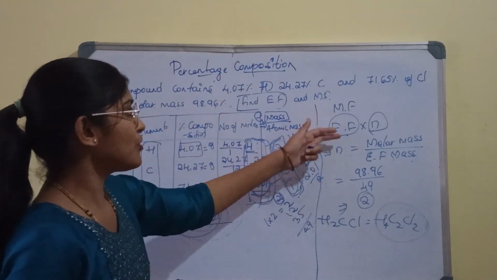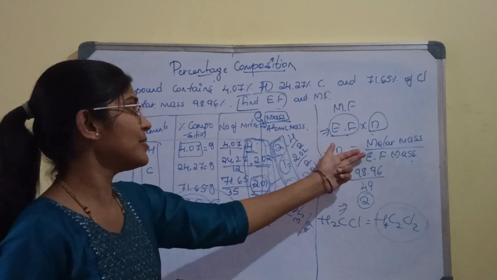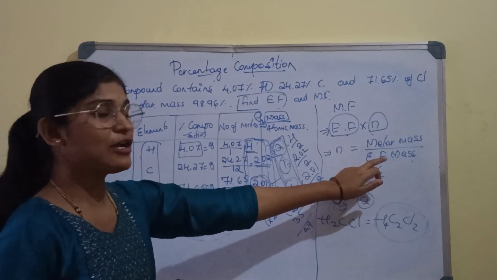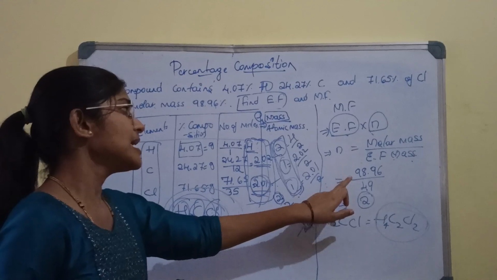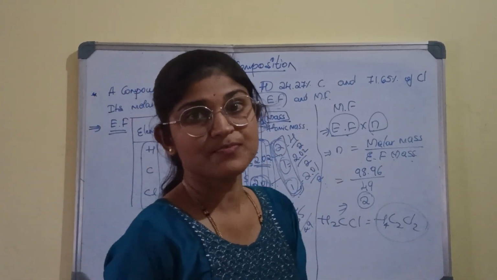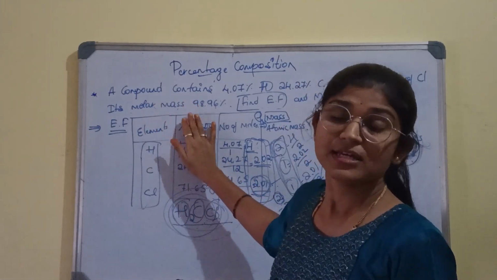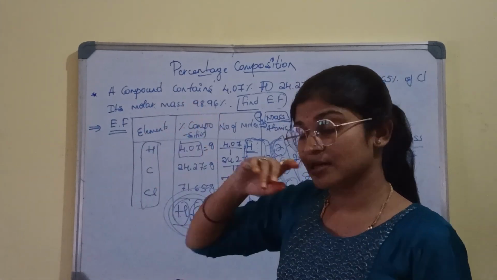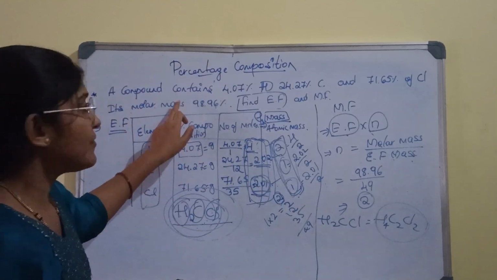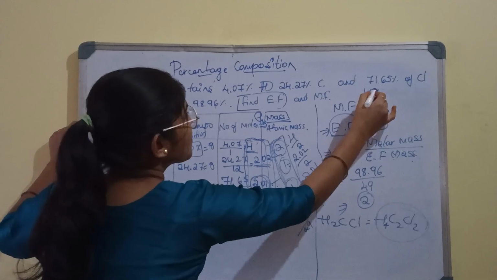So to find the molecular formula, what you have to do? Empirical formula into N. N is determined using the formula molar mass divided by empirical formula mass. Molar mass is already given. Sometimes in the question they may not give molar mass. Sometimes they will give vapor density. At that time, what you have to do?